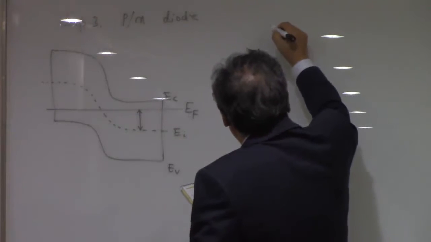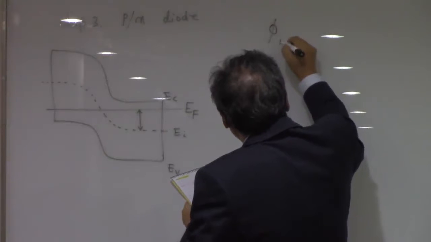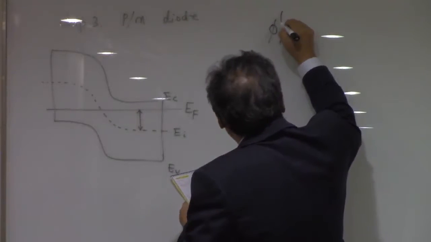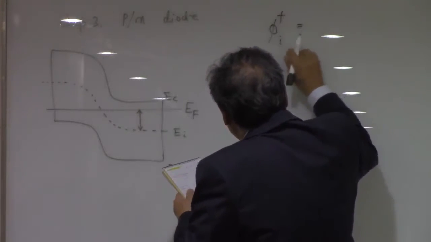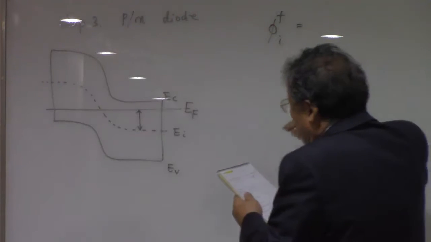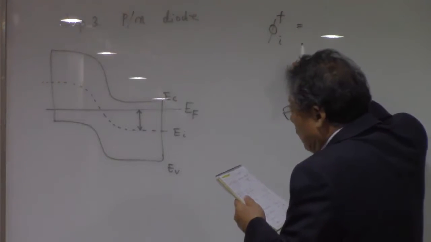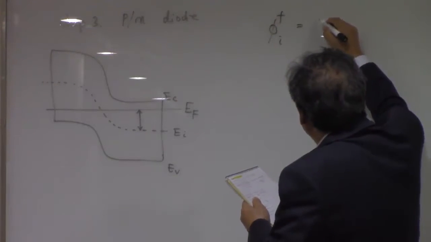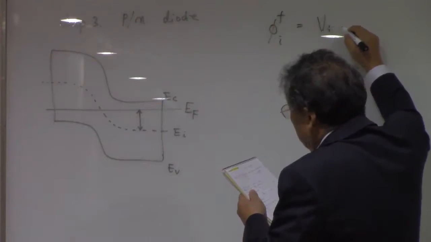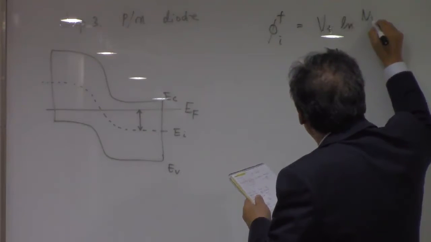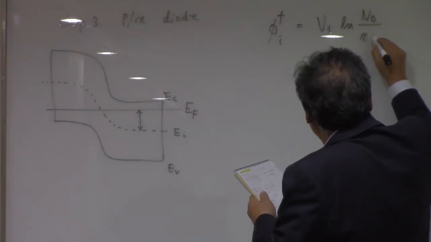Now the built-in potential and the Fermi energies. The built-in potential with respect to the intrinsic level can be written as Vt ln Nd over ni, okay?